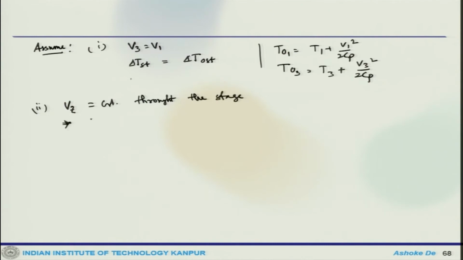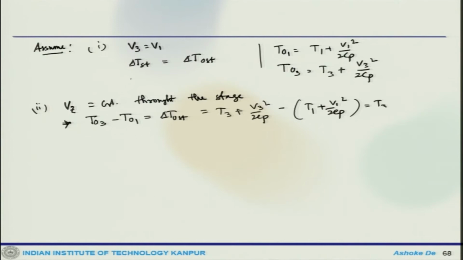So, T naught 3 minus T naught 1 would be delta T overall stage. T 3 by Cp minus V 1 square by Cp gives me T 3 minus T 1, which is delta T stage.